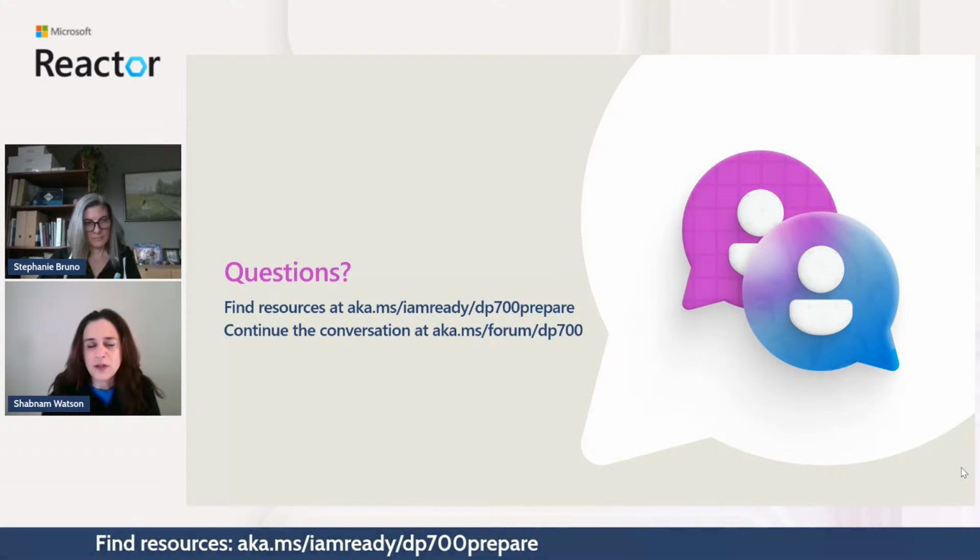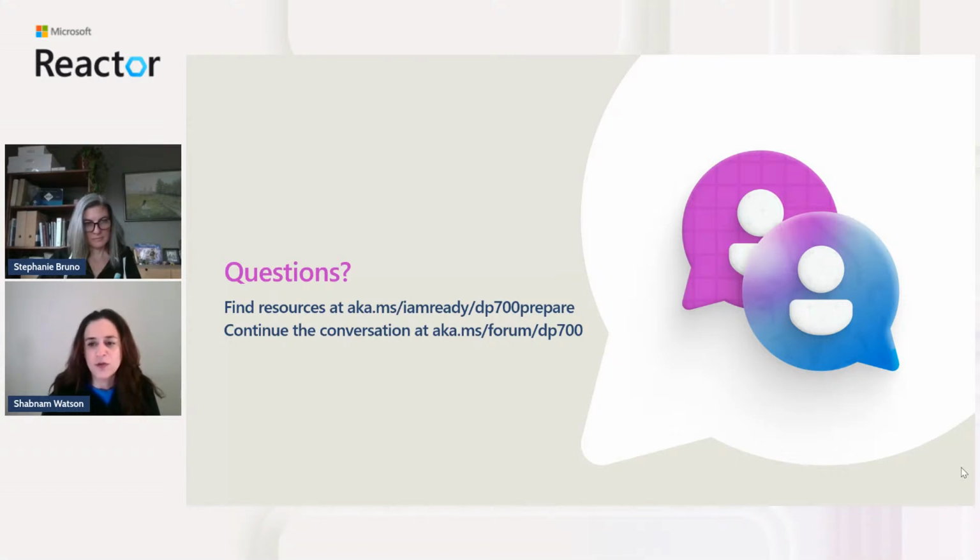Whereas if you passed DP-203, you didn't have any of those. So you would have relied on KQL and pipelines. So I think you're going to have an easier time. But that's, again, my personal experience and perspective.